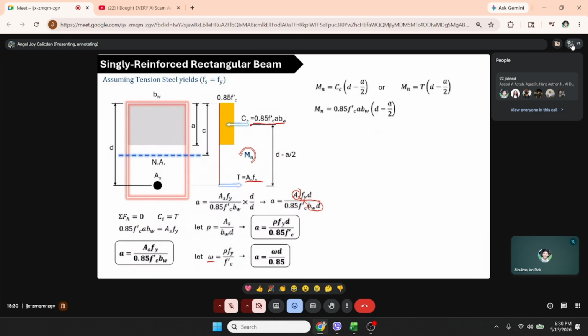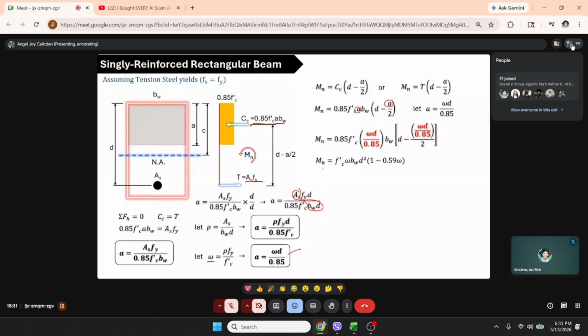So, Mn is equal to 0.85 fc prime a bw times d minus a over 2. And if T is used, it becomes As Fy times d minus a over 2. And let a equal to omega d over 0.85. Substitute it here.